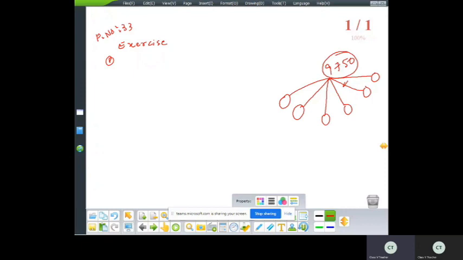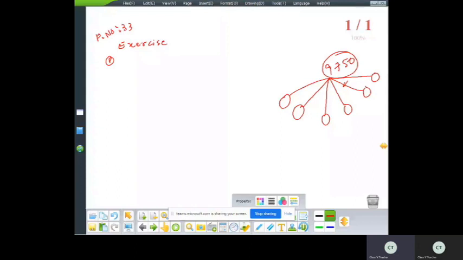Now we have to share this amount into 6 equal parts. 9,750 rupees is divided into 6 equal parts, and she has to pay one part every month: first month amount, second month amount, third, fourth, fifth, sixth month amount.